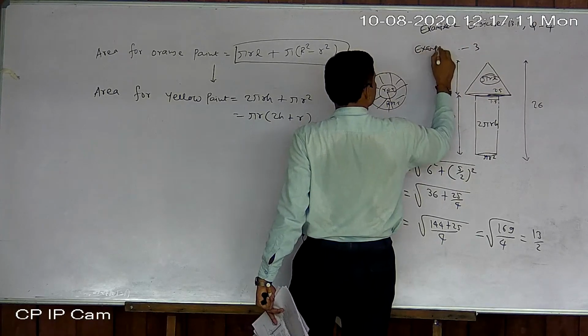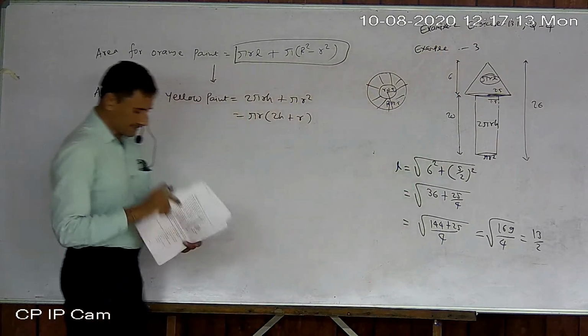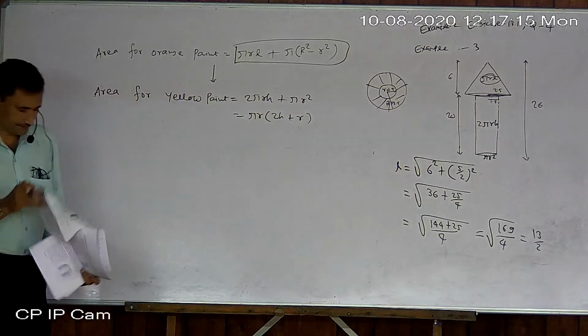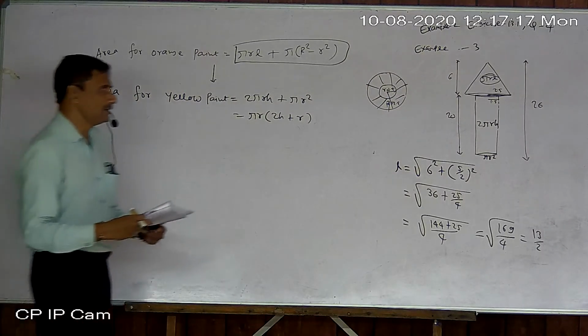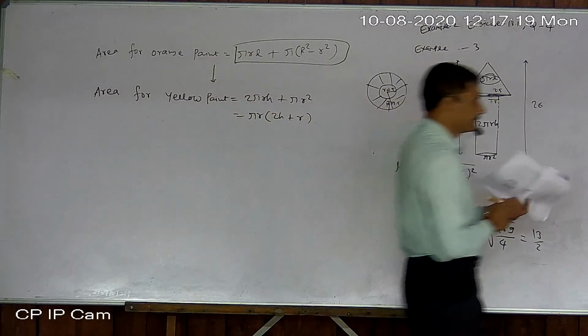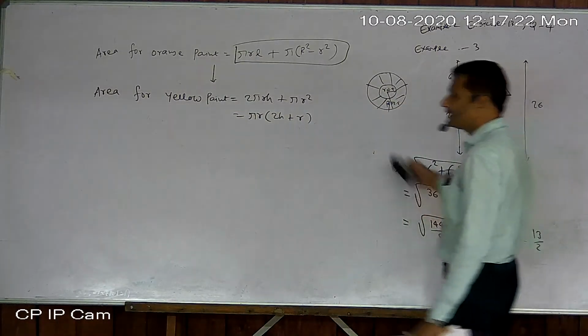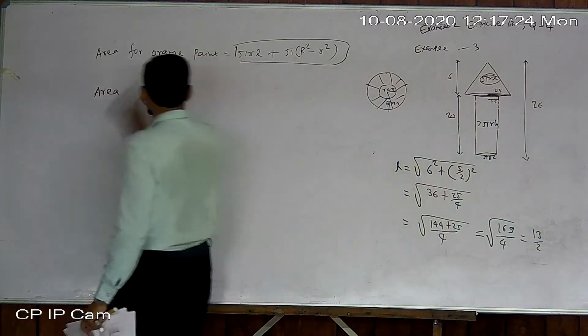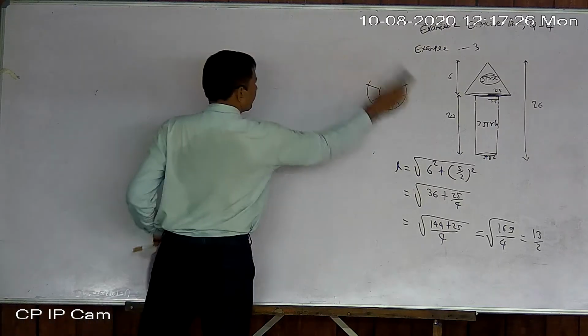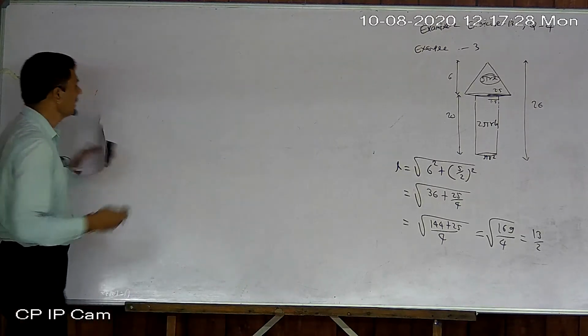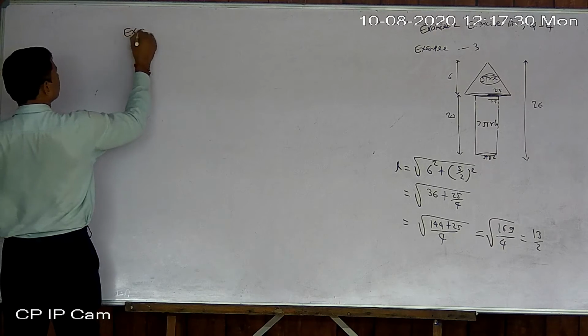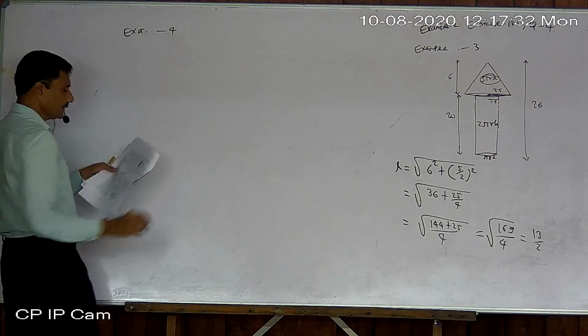Now look at the next one. So example number 4. Example number 4 is again simple. There is a cylindrical part and a hemispherical depression. So obviously it is very simple. Why?